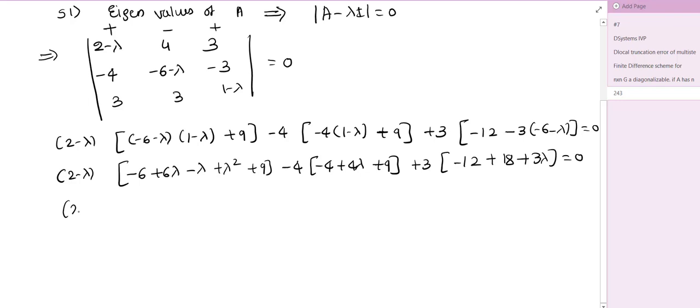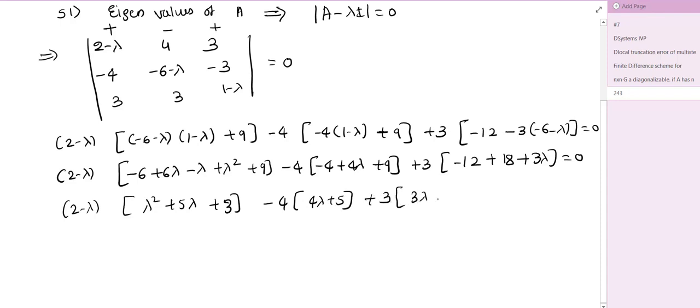Now simplify further. It is 2 minus lambda into lambda square plus 5 lambda plus 3, minus 4 into 4 lambda plus 5, plus 3 into 3 lambda plus 6, which is equal to 0. So we do further simplification.